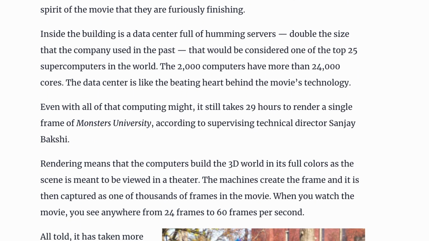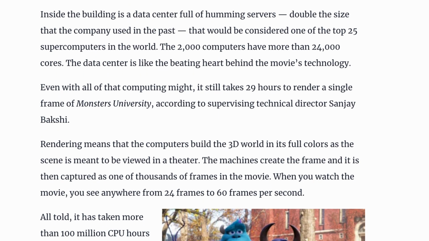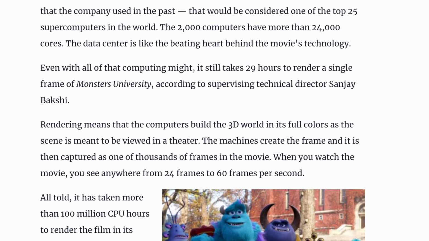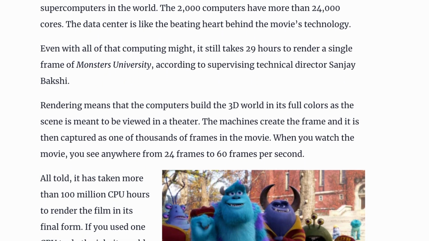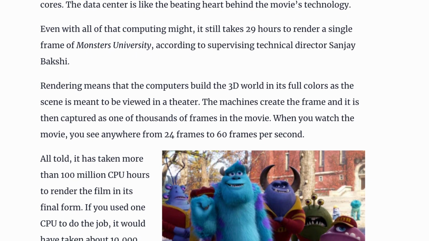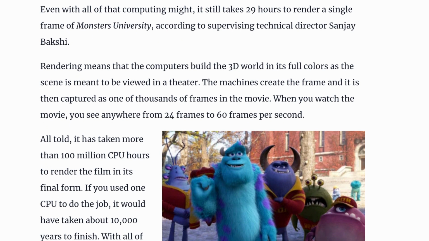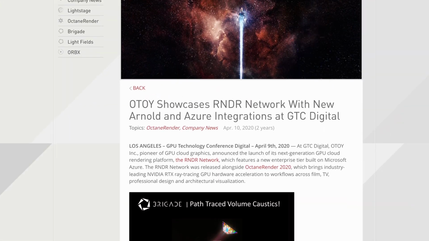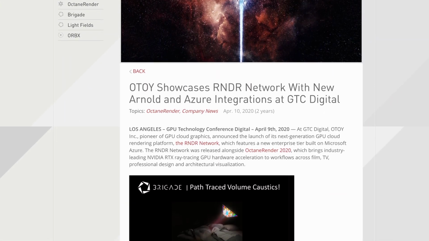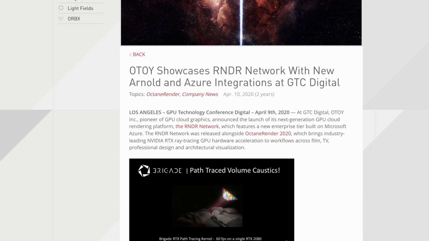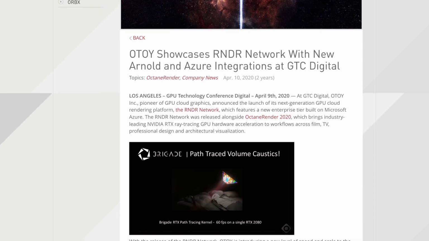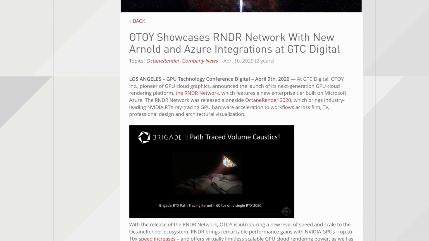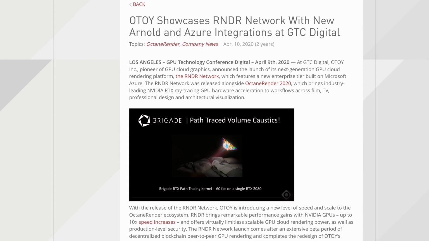Wow! And after more than a decade dedicated to rendering through GPUs in film, television, design, and gaming, in April 2020, Otoy announced the launch of the Render Network, running on a Microsoft Azure infrastructure, bringing all the potential of the new NVIDIA RTX GPUs in a parallel version of OctaneRender.